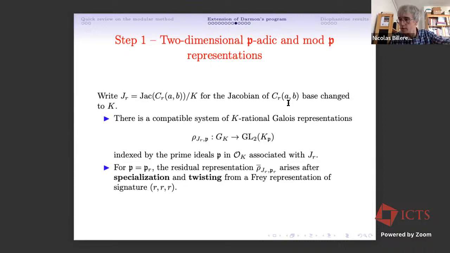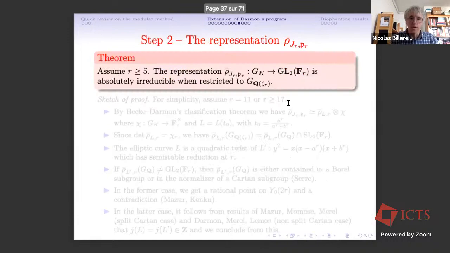We'll go now to the next step, but this specific representation will be very important. In Darmon's paper, it's described as a seed for propagating modularity, for instance. Okay, so the second step is to prove modularity.